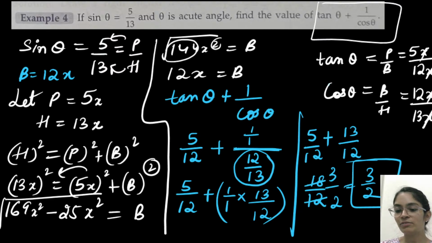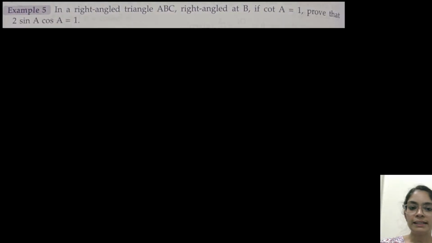Shashank, you gave the answer first, but you didn't do cancellation. You just gave the answer in 18 by 12 form, but the answer is 3 by 2. Every one of you gave the answer like this, 18 by 12. You didn't cancel it. Let's do the next question.